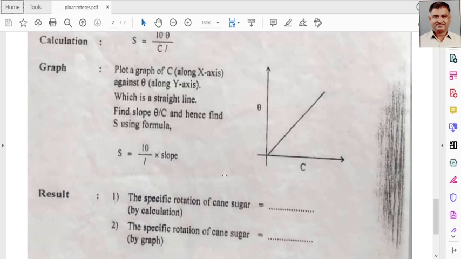See, once again I am repeating that you have to write these experiments in a record book. For writing the experiments in record books, you have to perform the given list which we have been given. Then one thing is important, that you have to follow the order.